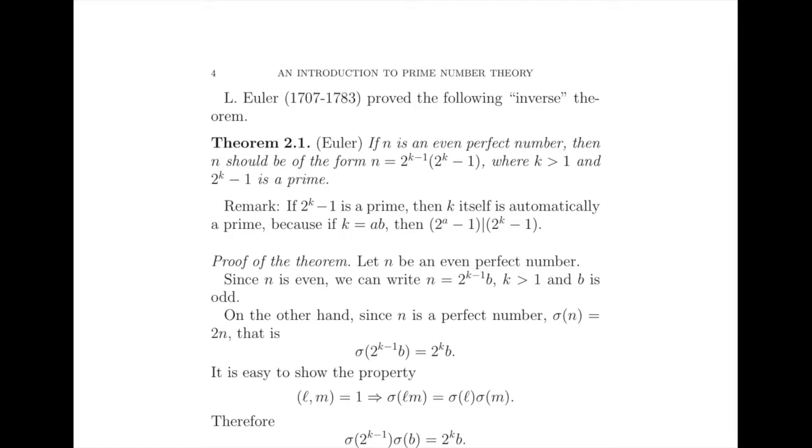And this is one of his theorems. If n is an even perfect number, then all even perfect numbers are of the form indicated by Euclid. Okay?